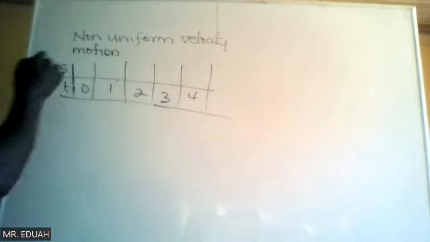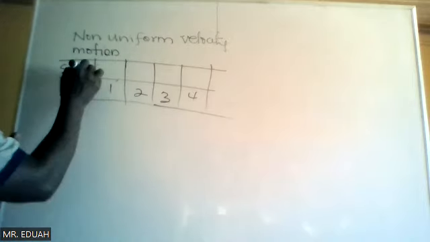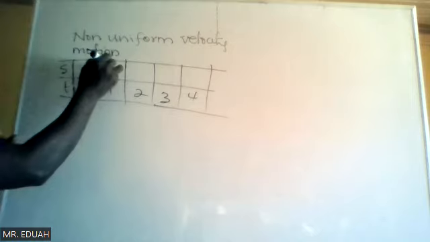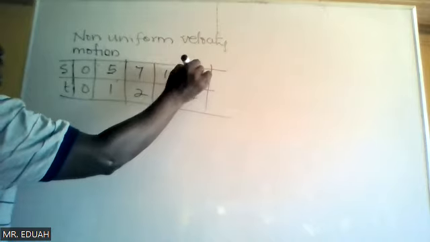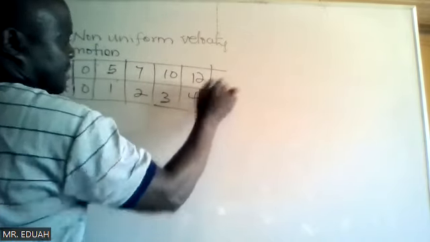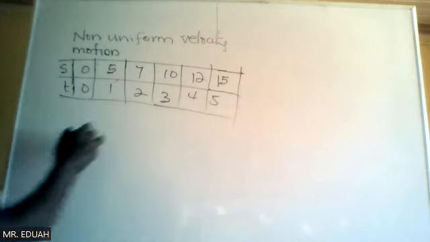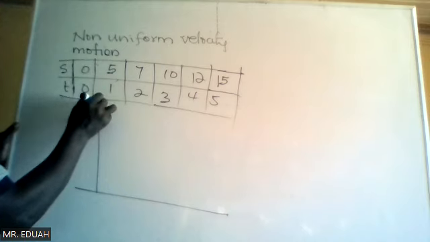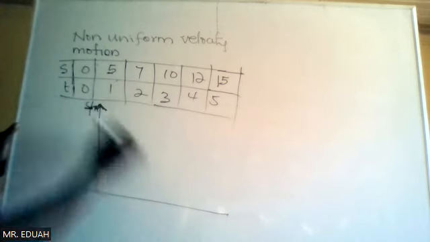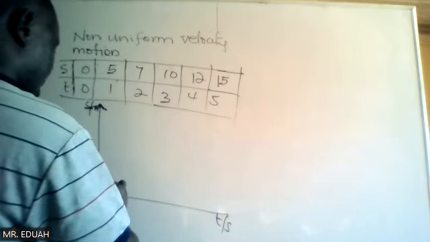Then if it happens that the distance covered or the displacement of the body goes from 0, 5, 7, 10, 12, maybe to 15, when you plot the displacement S against the time, you have a curvy graph.